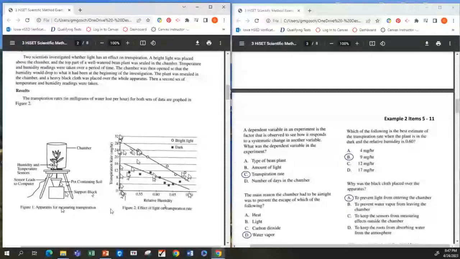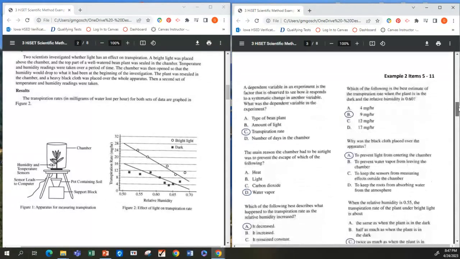You can see that as the relative humidity increases, going from 50% all the way up to 70%, the amount of moisture lost by this plant falls in both cases, whether it's in the light or not in the light. So that's a linear trend, and that's what the trend line is really trying to accentuate.